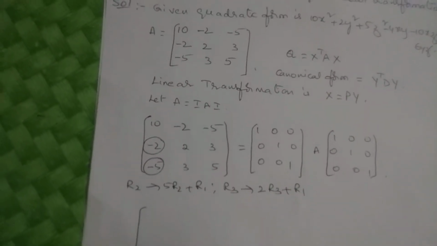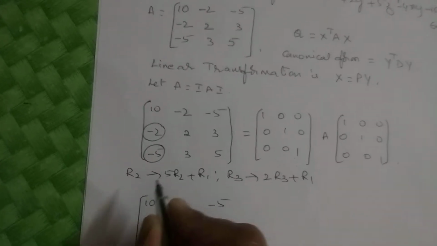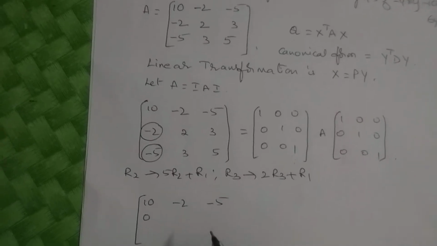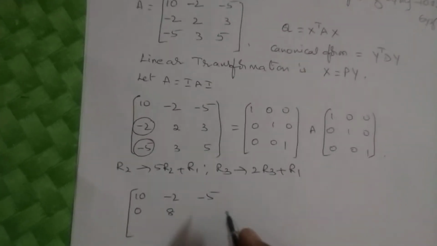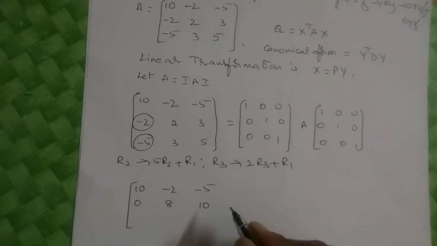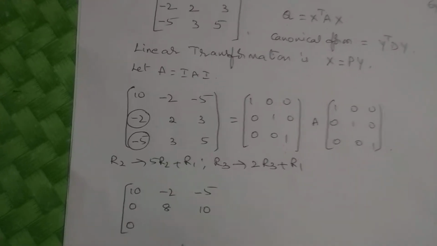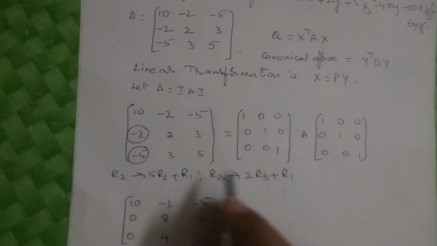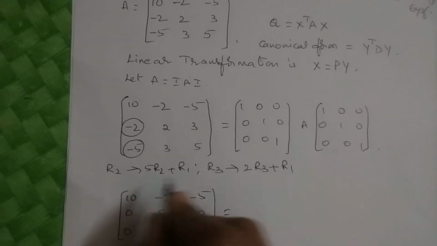Now look here: 10 minus 2 minus 5, and 10 minus 10 plus 10, this is 0, and 10 minus 2, this is 8, and 15 minus 5, this is 10, and the last one 10 minus 10 plus 10, this is 0, 6 minus 2, this is 4, and 10 minus 5, this is 5. Okay, we have applied the row operations.